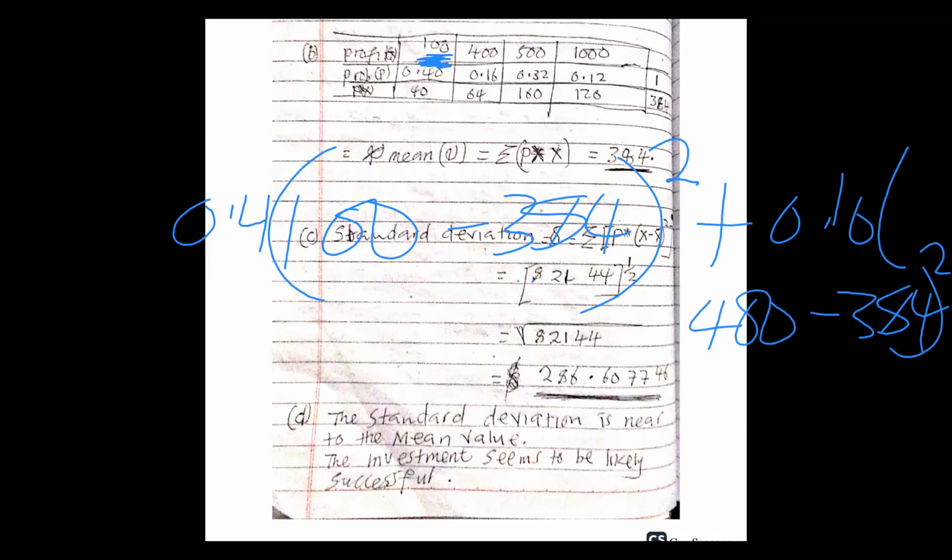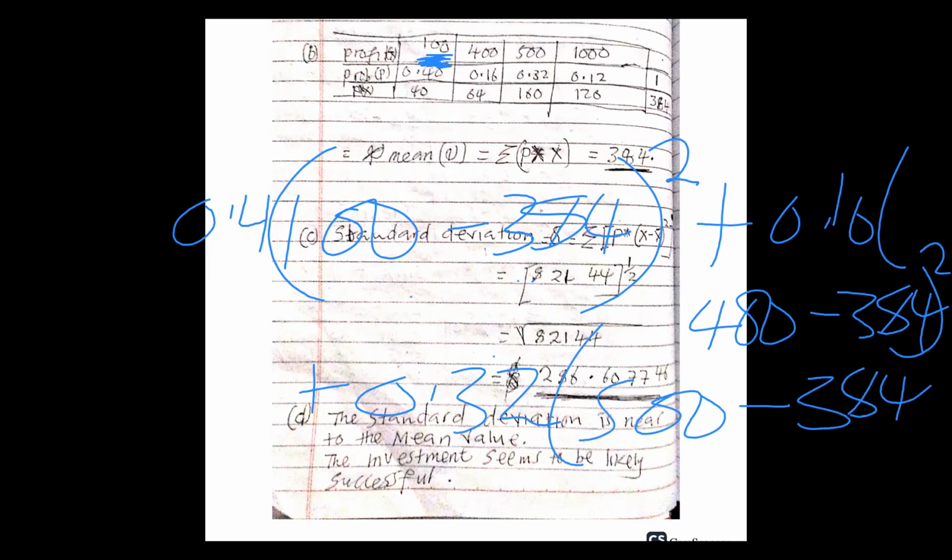Again, you keep on going. You go to 0.32 times 500 minus 384. You close, then you square that. Plus, you go to 0.12 times 1,000 minus 384.